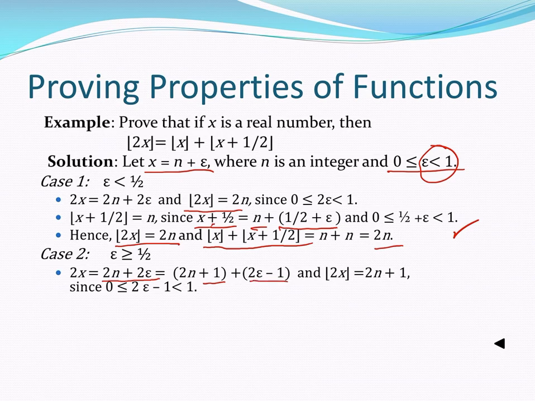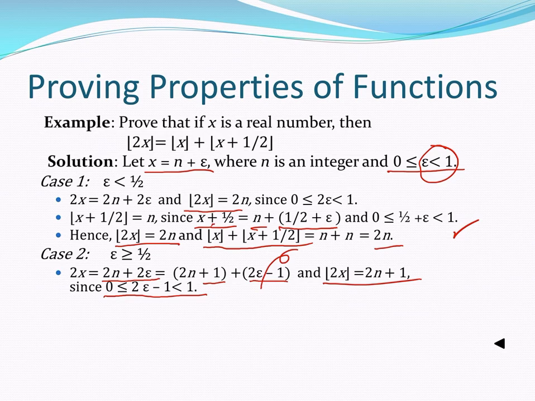But since epsilon is greater than or equal to 1/2, then 2 epsilon minus 1 will be between 0 and 1. And so the floor function of 2x will be 2n plus 1.